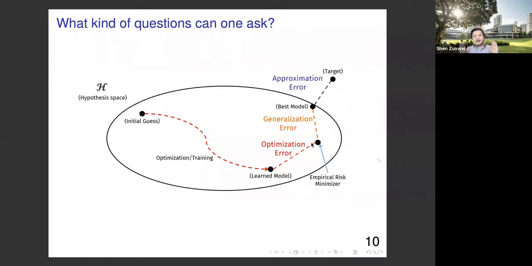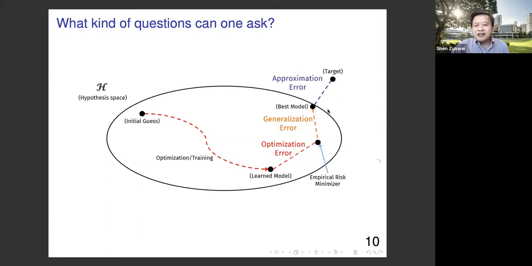So in some sense, your error has three components: an approximation error, a generalization error, and an optimization error. Today I'm only focusing on the approximation error.